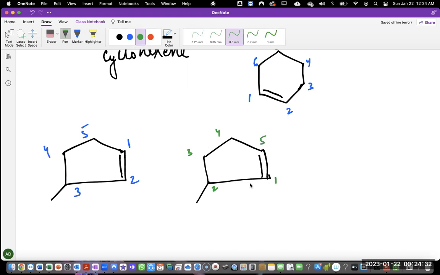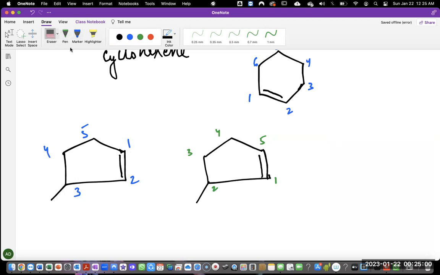Okay, that's why it's incorrect to do the numbering this way. The numbering has to start here from 1 and then go to 2. Okay, if the numbering starts here from 1, and if I go to the top, what will happen in that case? So let's take a look at that as well. So first of all, guys, you see why this is wrong is because you don't want to go away from the double bond. The double bond should be included in the numbering. Okay, so that's one. So this is also incorrect, right?